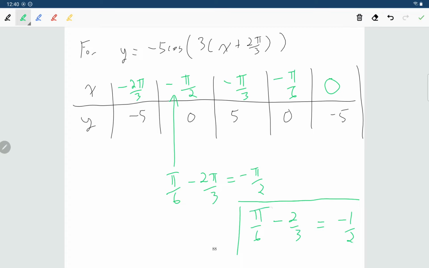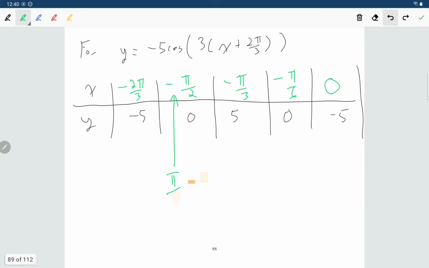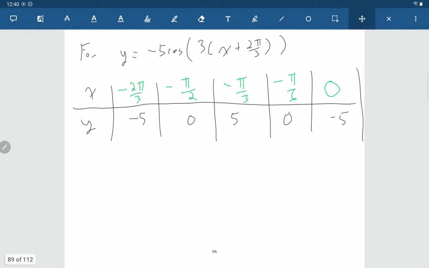So that means that pi over 6 minus 2 pi over 3 should be negative pi over 2. That was the sort of thinking that I was doing when I was finding all of those x values by doing my little subtractions. So there we go. We had a phase shift of 2 pi over 3 to the left. So we subtracted 2 pi over 3 from all of our x values.